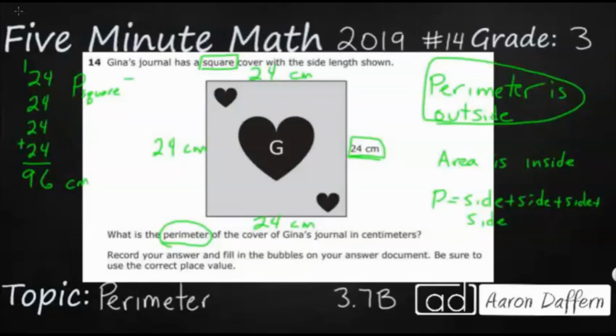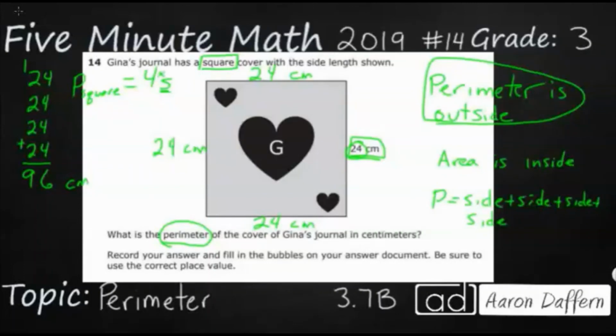But you're going to get something that looks like this, 4s. And that might look a little bit strange. Now, this is what happens when you get a number next to a letter. So this S, that stands for side. And so we have the side length of 24 right here. But whenever you have a number and a letter next to each other, it always means multiplication.